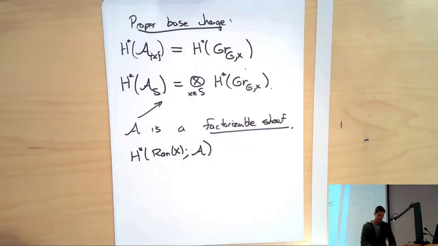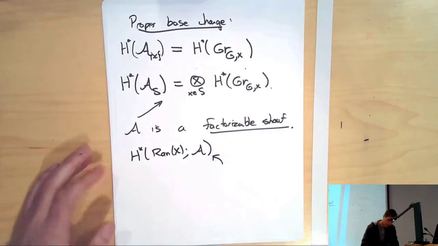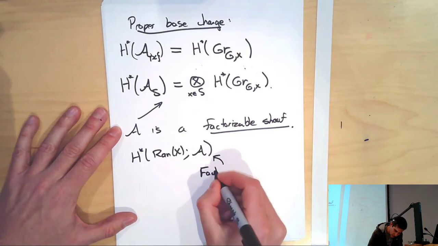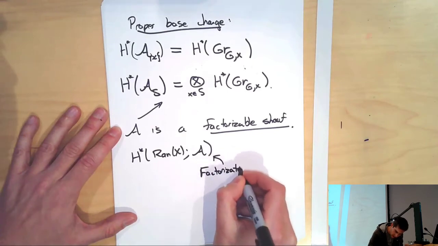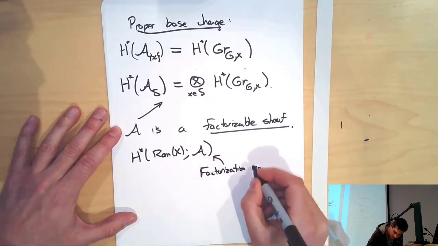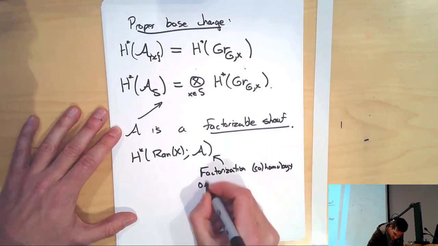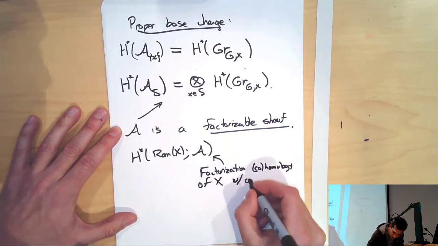And this has a name. So this is what's called the factorization, I'm not sure if I should call it factorization homology or cohomology, so I'll say cohomology of X with coefficients in A.